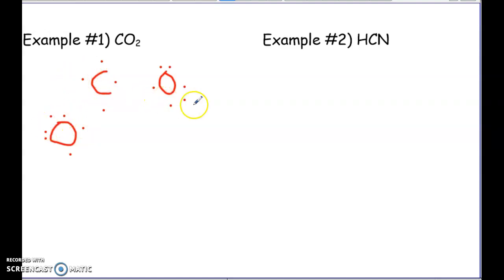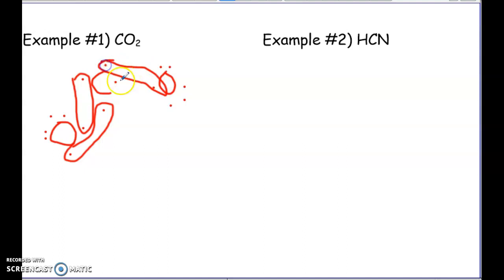Remember that the ones that are already paired up cannot be touched. So this 2, this 2, this 2, and this 2. But I can share 1 electron from the oxygen with one of the solos on carbon. And I'm going to do another one because I have 2 that are solo, not just 1. The same thing will happen on the other side. Look, we have 1, 2 available, 1, 2 available. Whoop, sorry, that dot should be there. And there we go.